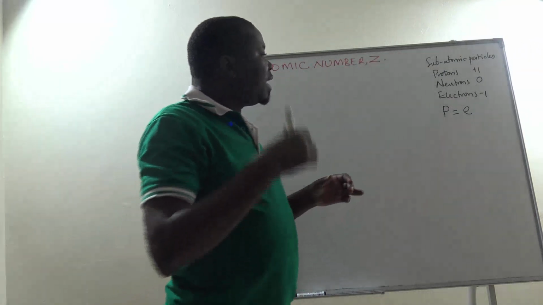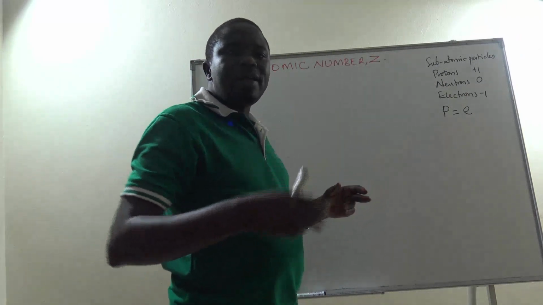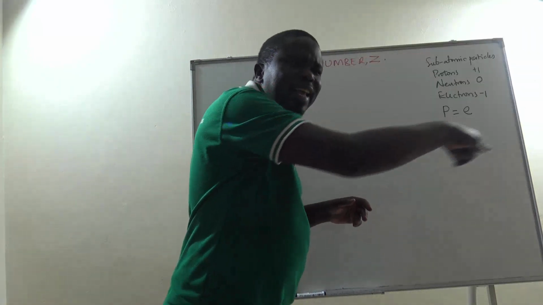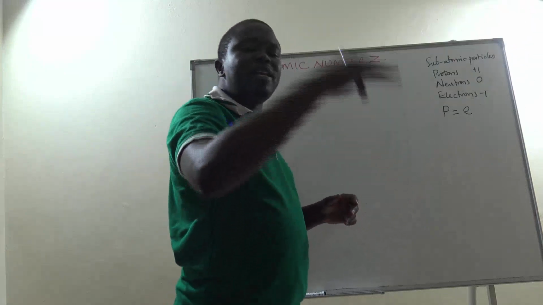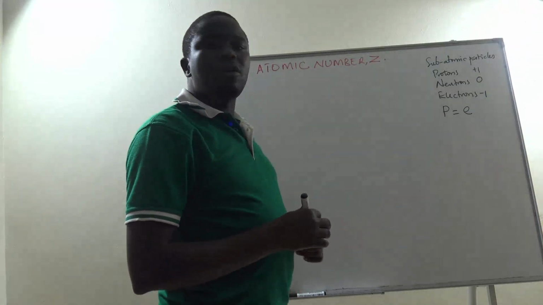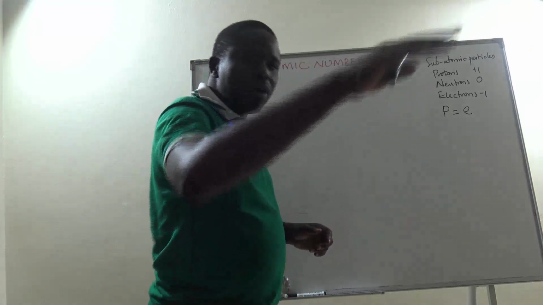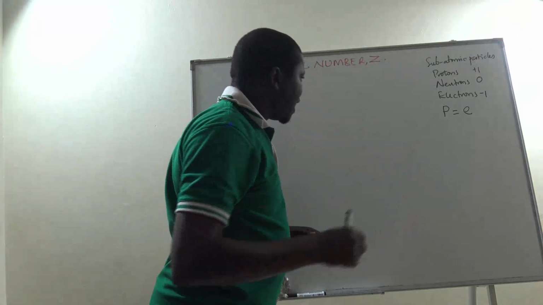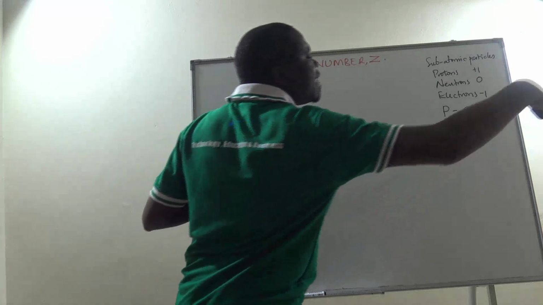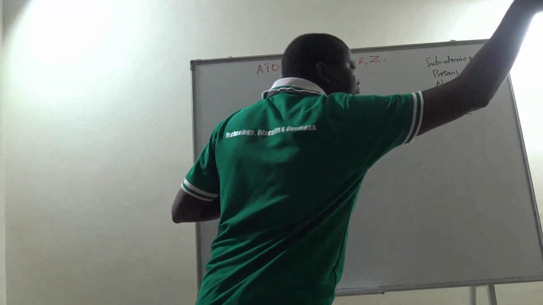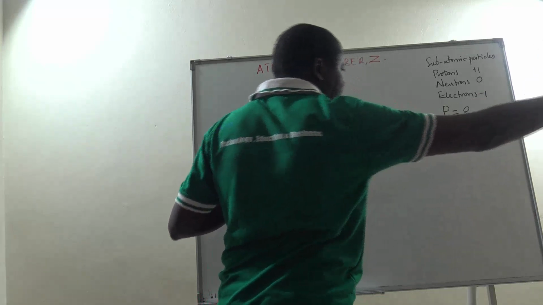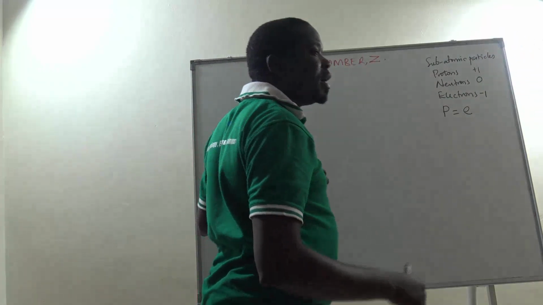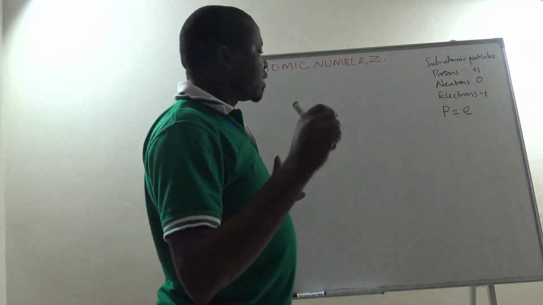So you find that electrons are lost from the last shell, which is farthest from the nucleus of an atom, which is called the extranuclear shell or the outermost shell.